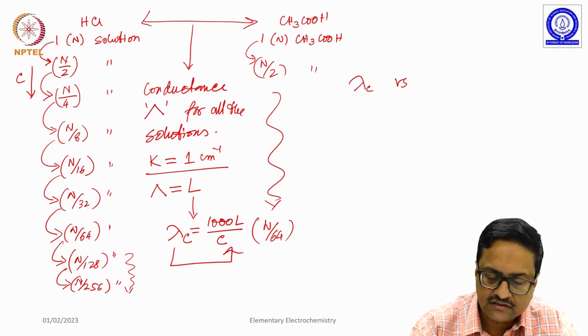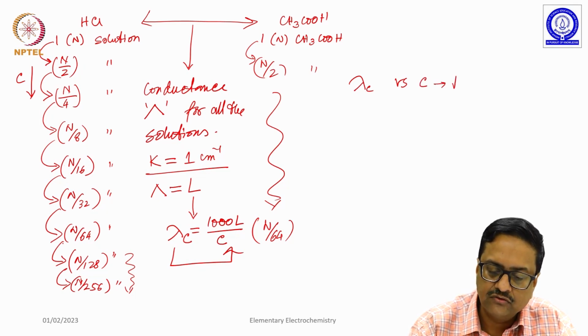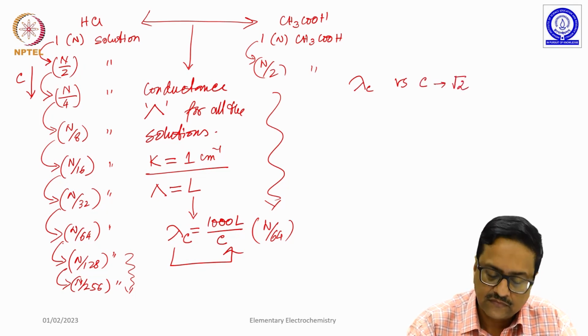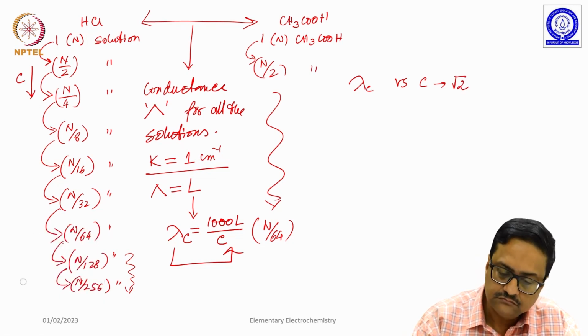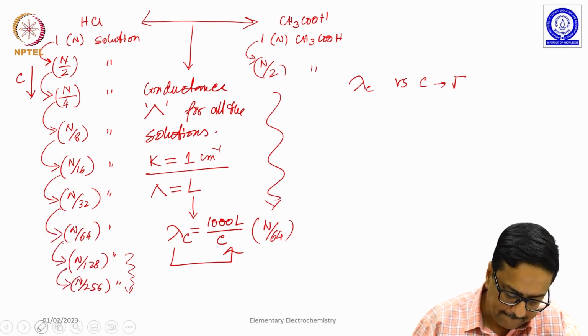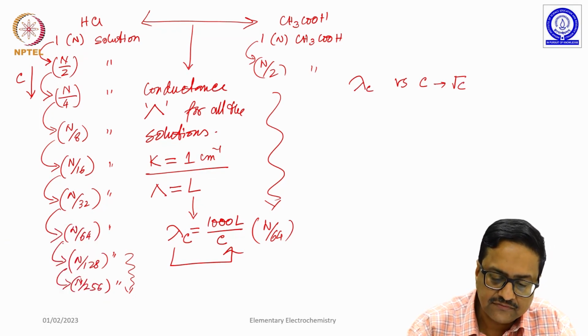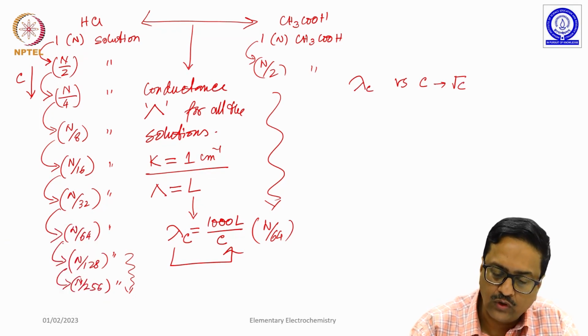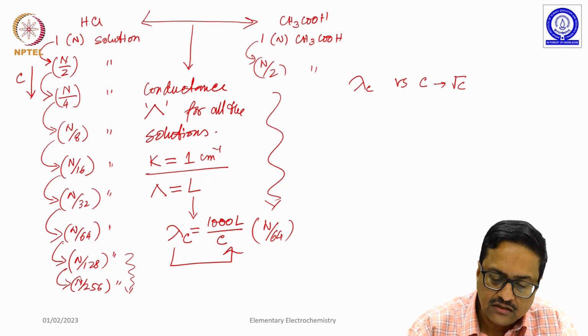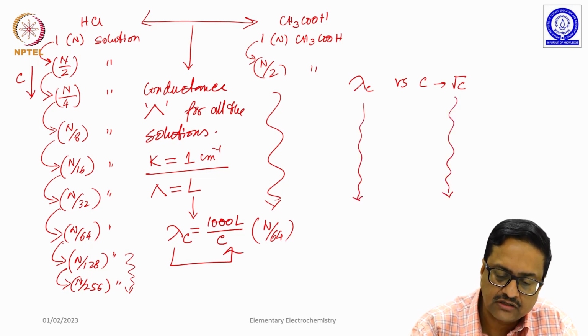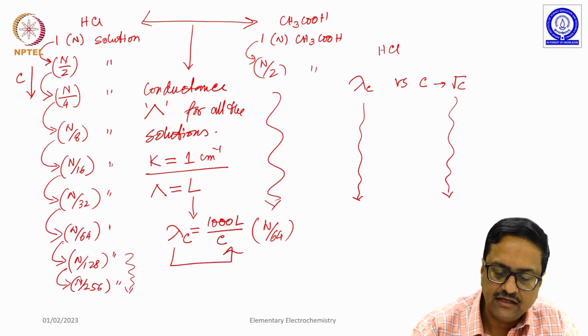So using this expression, what we will have is a table of lambda C versus C, which then can be converted to square root of C. We will have values of lambda C for one normal solution down to the lowest value, and we will have this for both HCl and acetic acid.